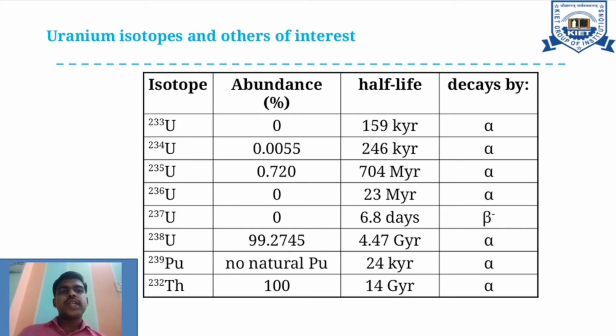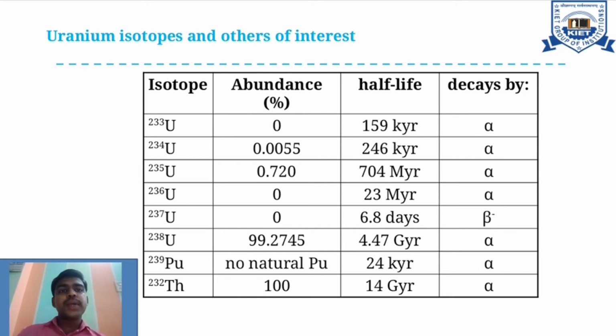Uranium isotopes and other interests. These are all the isotopes having different abundance and half-life, and how they decay. Depending upon the various types of uranium, different abundance percentages are happening. Look at that, 234 has 0.0055, but at the same time 235 has 0.720 abundance, and likewise the half-life period 704 million years. Why is it increasing, decreasing?